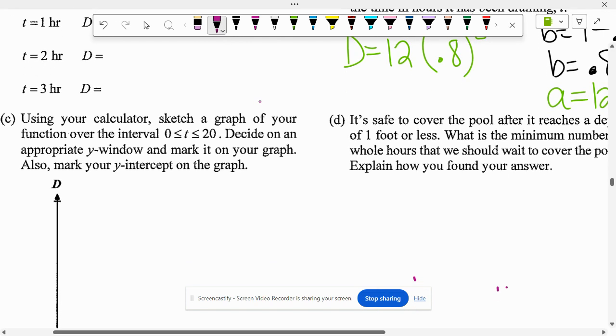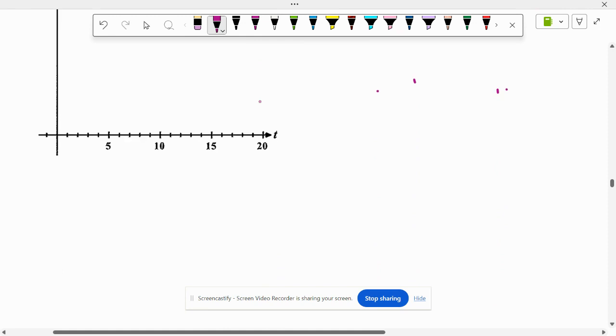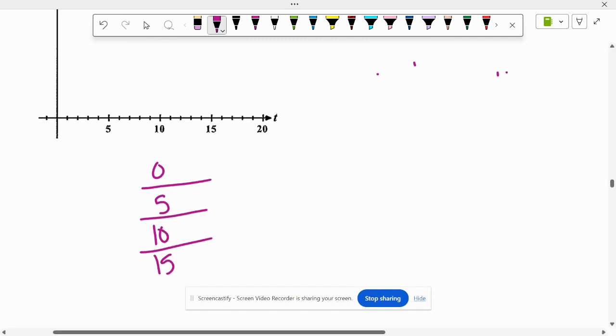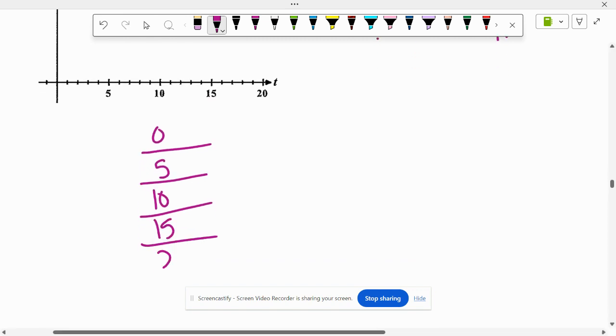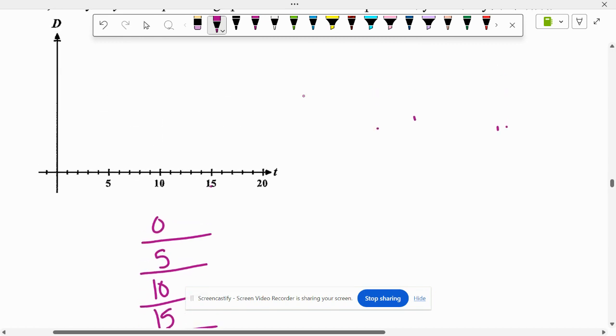Go to your table. I want to know what happens when X is 0, when X is 5, when X is 10, when X is 15, and when X is 20, because those are the X values on my graph.